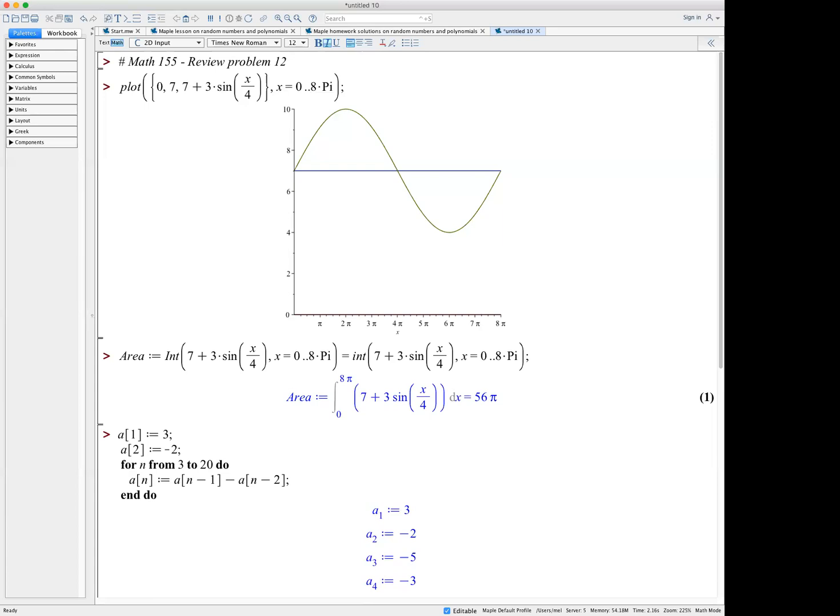For the answer that I got, it was that exact expression with everything but 56 pi at the end. What do you mean, that exact expression? What did you get? I got an area and then 8 pi over 0, and then in parentheses 7 plus 3 sine x over 4, and then the dx at the end, but no 56 pi.